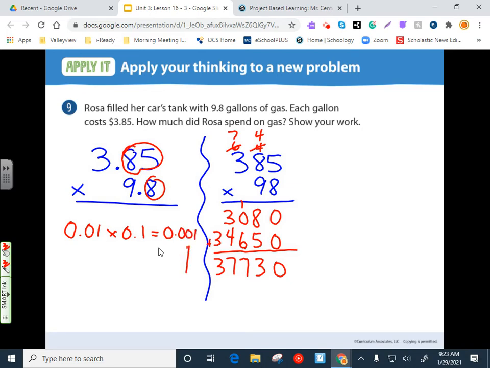That's 3 place values. So I've got to go 1, 2, 3, and put my decimal right here. Again, you've got tenths, hundredths, and thousandths, just like this one. And our final answer is $37.73.